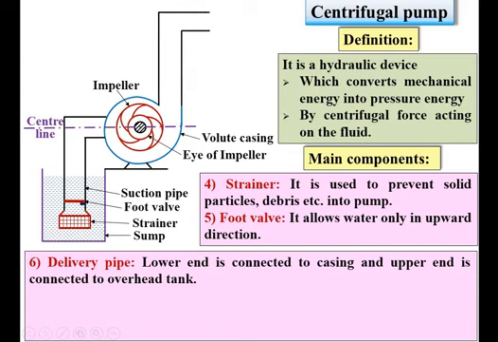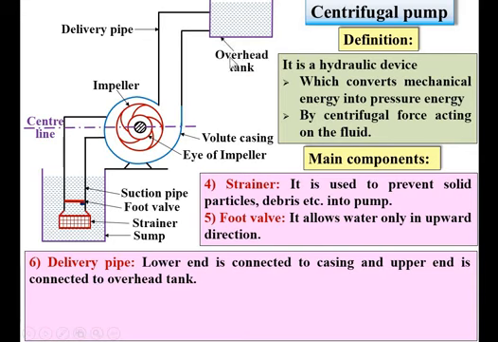This is the overhead tank that is also filled with water, and our objective is to lift the water from the sump to this overhead tank. Sometimes this tank is known as the delivery tank also. So I will give the name delivery pipe. This is the delivery tank, or it can be the overhead tank.